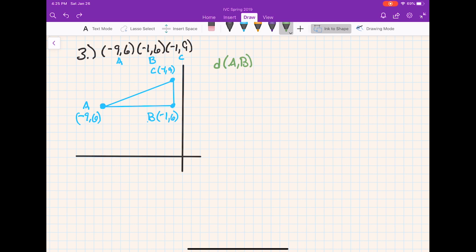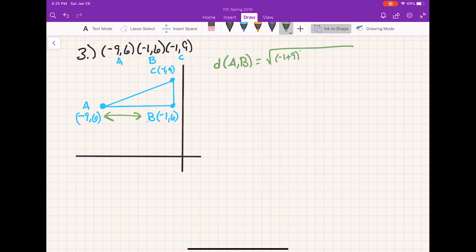So the distance between A and B, we can put that all into the distance formula. That's going to be this point, which is negative 1 plus 9.